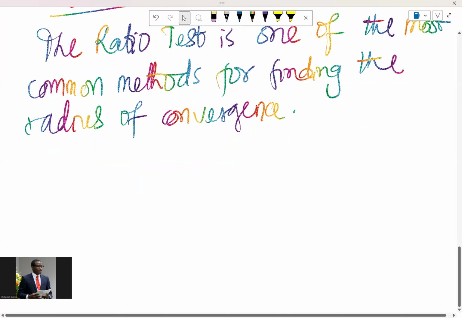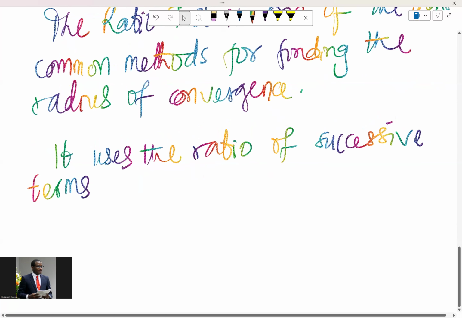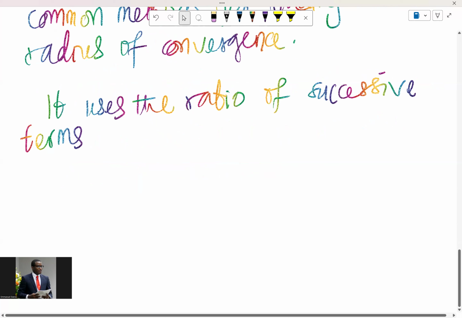It uses the ratio of successive terms. We did this a lot in the first video. It uses the ratio of successive terms in the series.